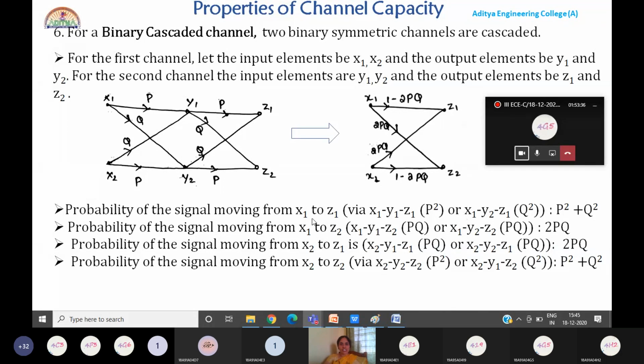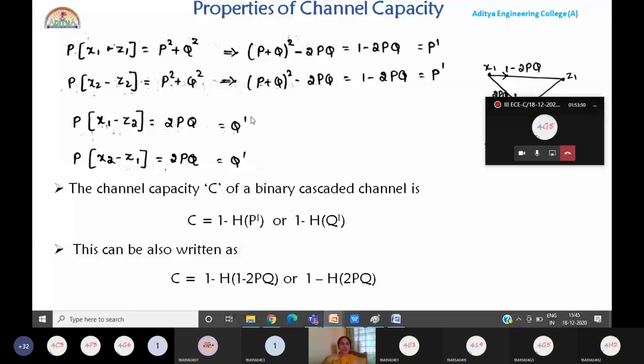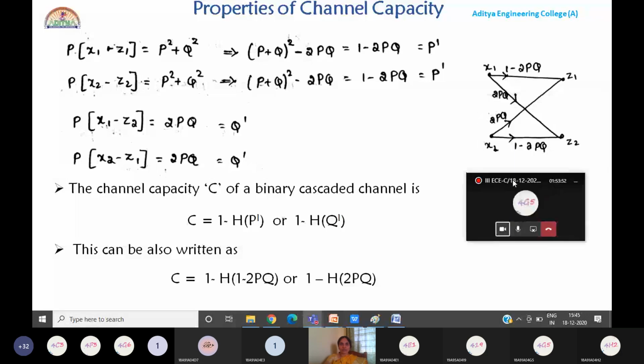Now let us see the forward probability, that is from x1 to z1 and x2 to z2. Why, instead of p square plus q square, have we written it as 1 minus 2pq? Let us move to the next slide so that it will be clear. I have represented the x1 to z1 probability as p square plus q square.